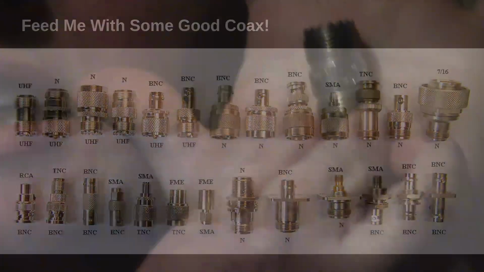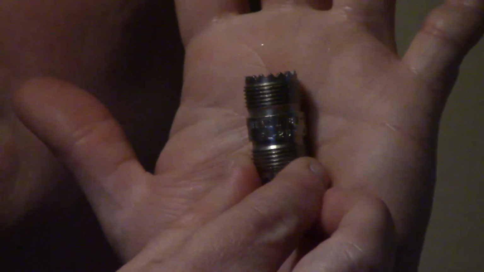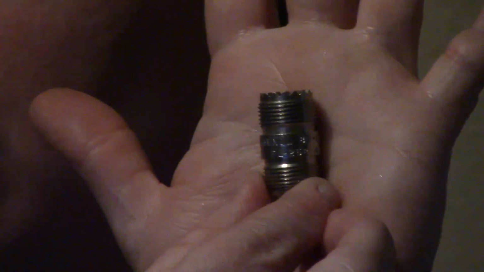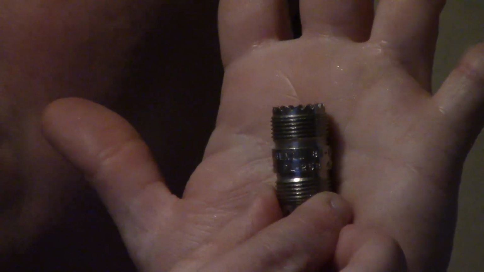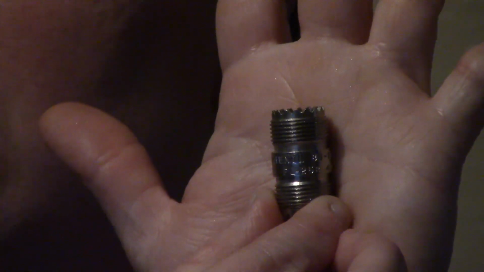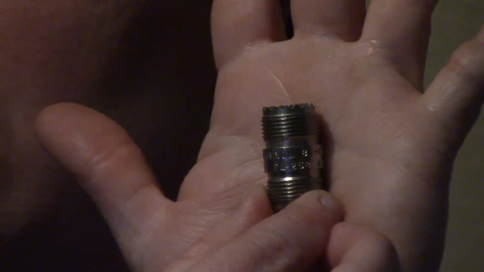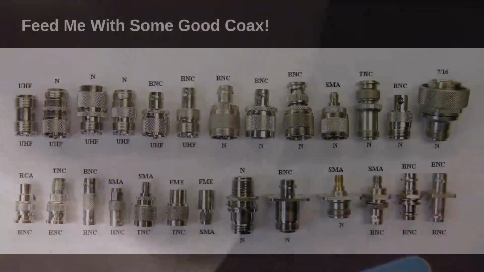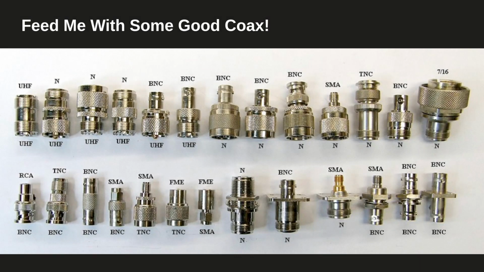It was more like these little guys here, and this is an SO239 barrel. This one connects to this. It's supposed to connect to it, but I'm not going to fuss with it too much.